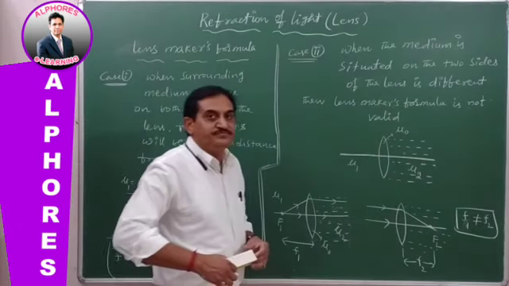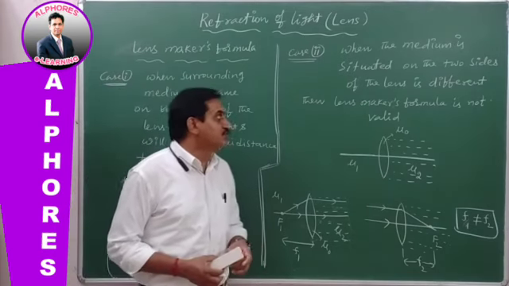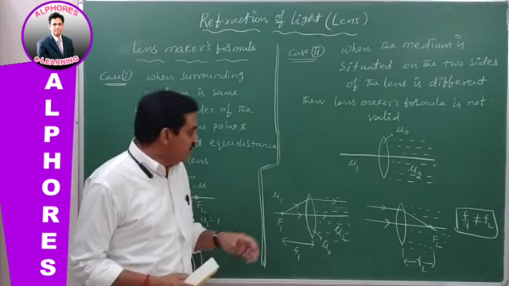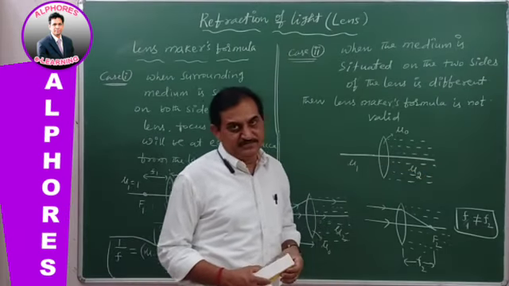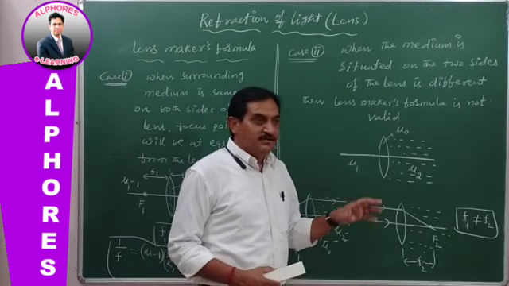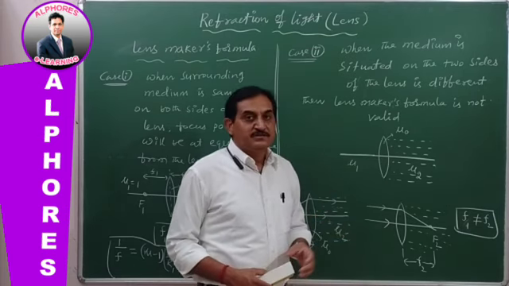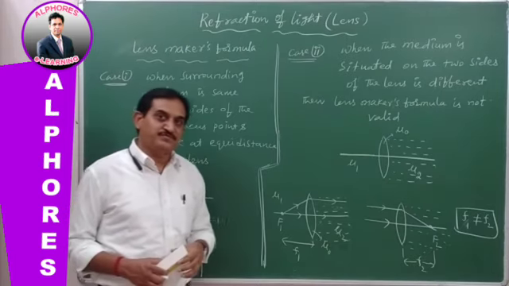So case 2. When the media situated on the two sides of the lens are different, meaning on one side one medium and on the other side of the lens another medium, so two different media are situated on the two sides of the lens, then in such a case the principal focus points will not be at the same distance from the lens.